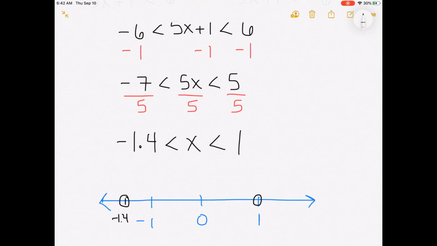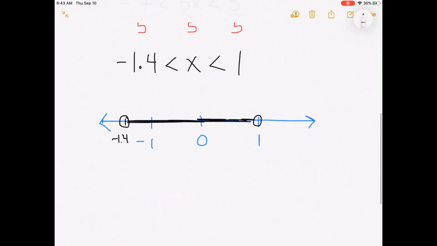So x is in here, right in the middle. It's between -1.4 and +1, but it does not equal either of those endpoints. So to write this in interval notation, I would say that x is between -1.4, and there's a parenthesis on it because x is not equal to -1.4, and 1 is on the other end. So that would be your final answer.